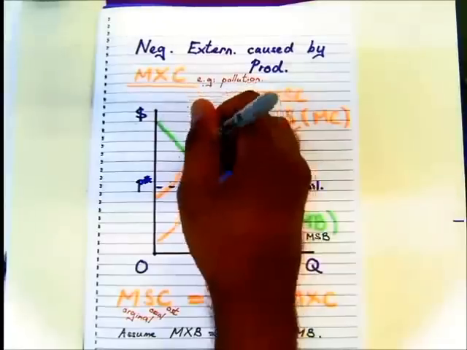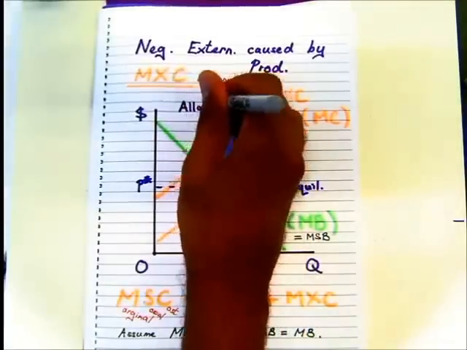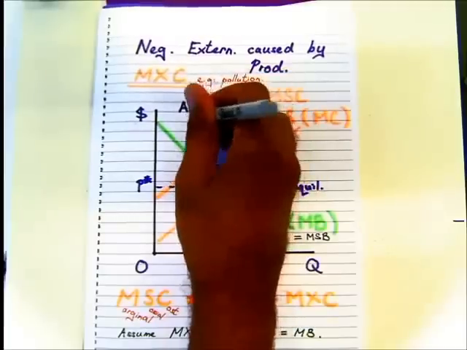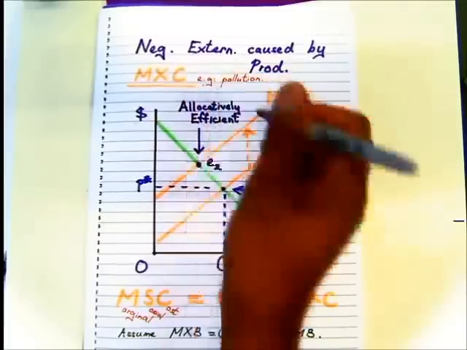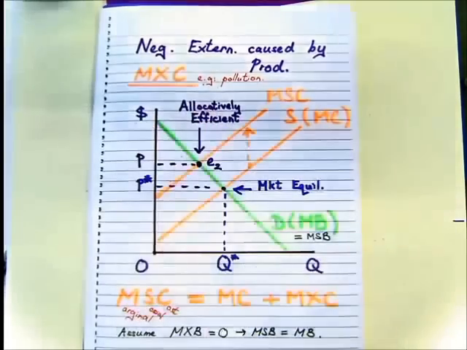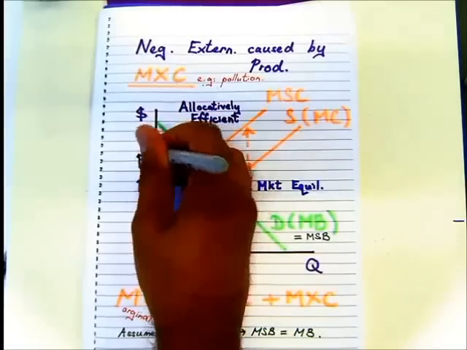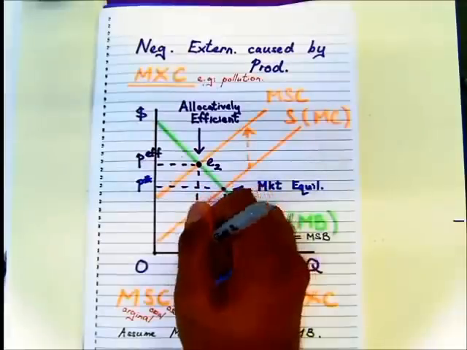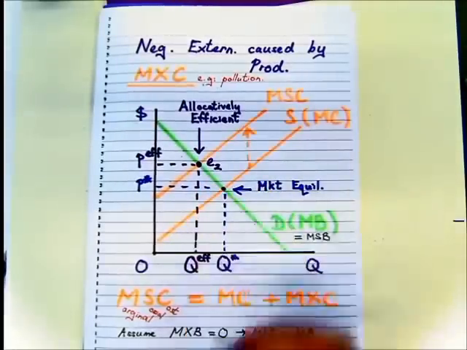We call E2 the allocatively efficient point. Rather, the firm should be charging a higher price. Let's call this P efficient. And the firm should be producing a lower quantity. Let's call that Q efficient.